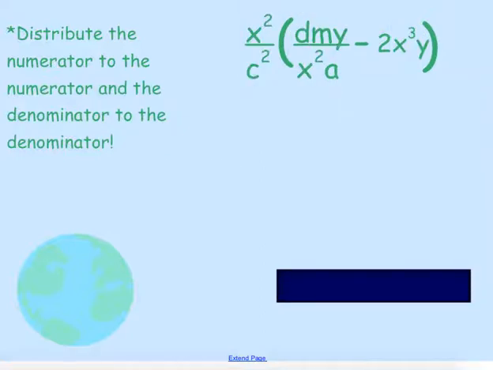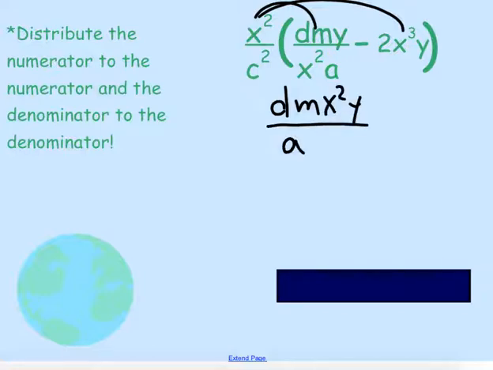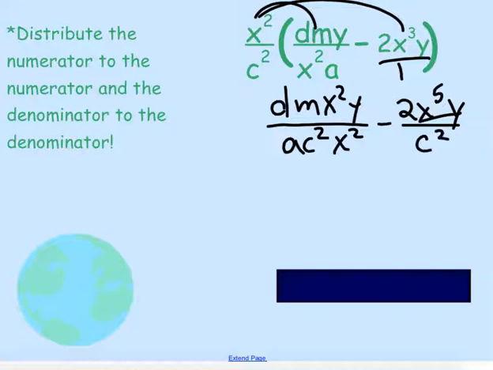All right, let's try this one. We're going to expand out, and we're going to say I get d m x squared y over a c squared x squared. We'll simplify in a second. Minus, okay, this is over 1, so we get 2x to the fifth y over c squared.